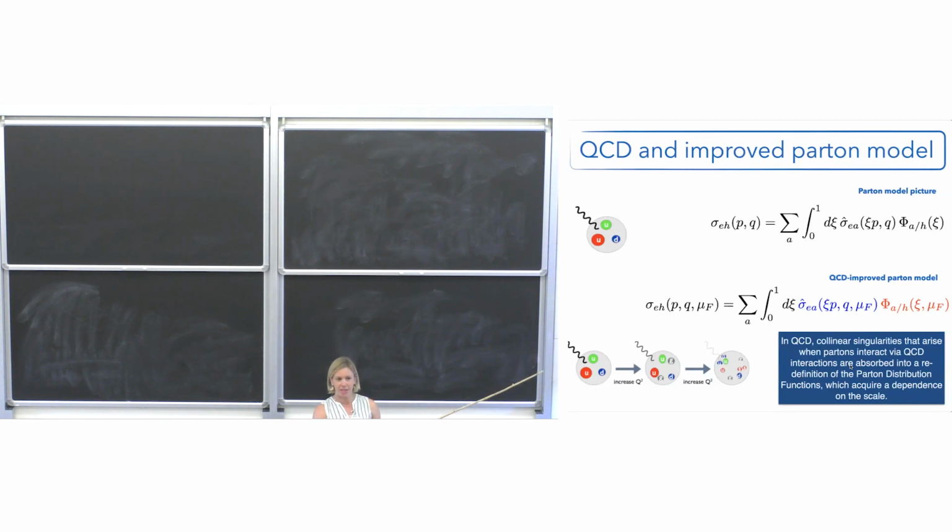I want to show a very heuristic calculation, but it shouldn't take more than 2 blackboards, in which you show that in QCD, the collinear singularities, so remember we talked about soft and collinear singularities in the previous lecture, that arise when partons interact via QCD interaction are absorbed into a redefinition of the Parton distribution functions, which, as a result, acquire a dependence on the scale.